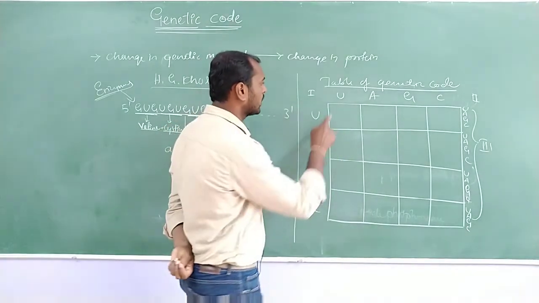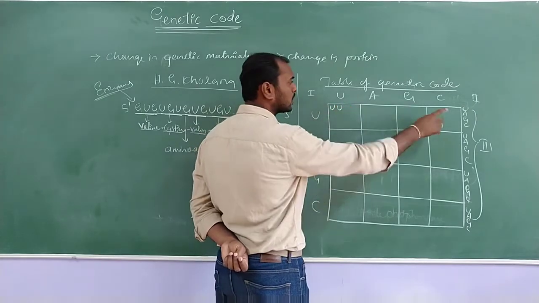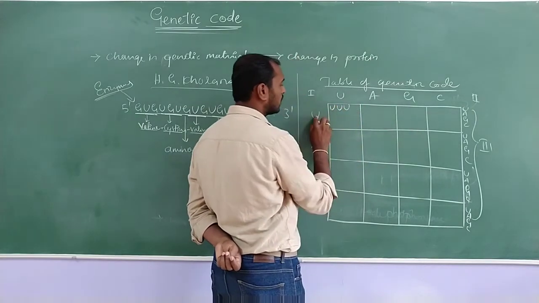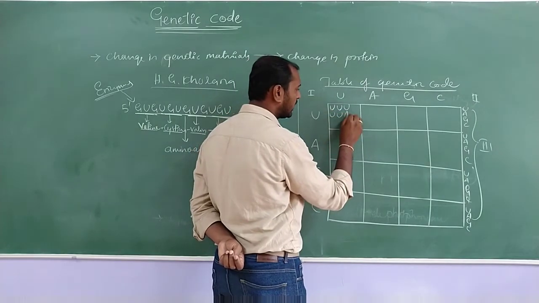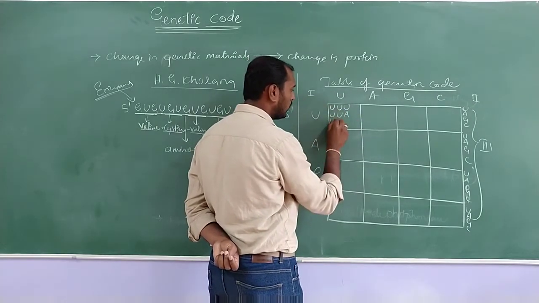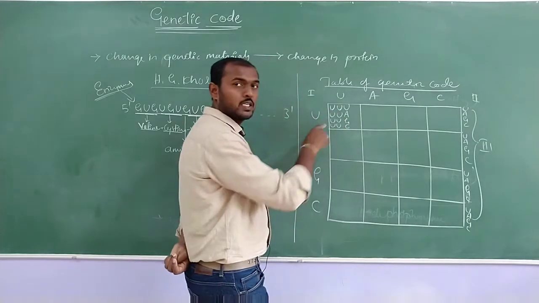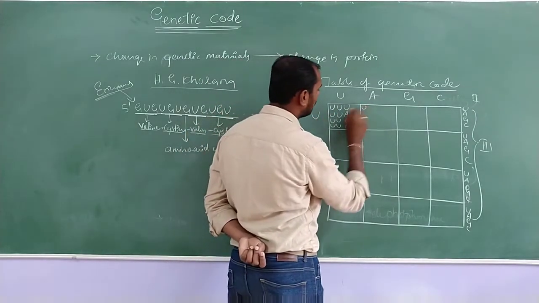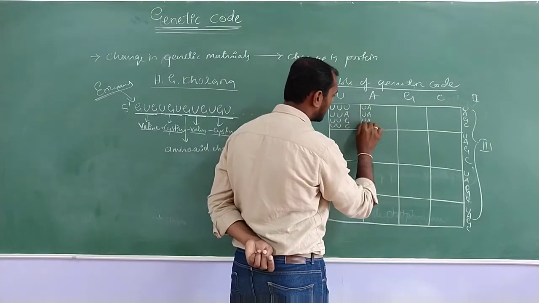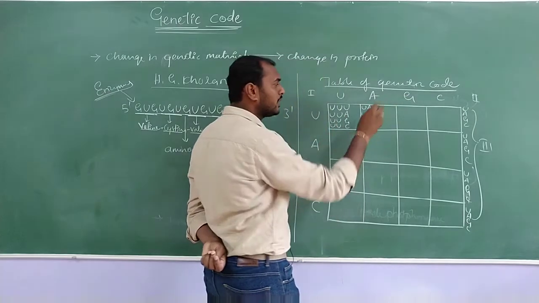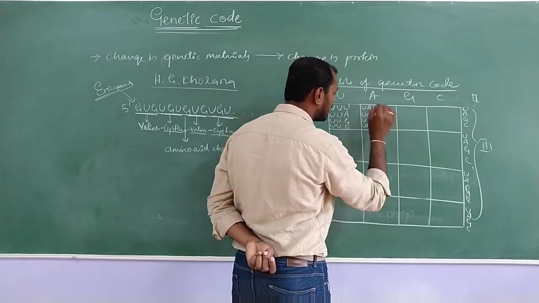How can you create it? First letter U, second letter U, third letter U. So first letter U, second letter U, third letter A, UUG, UUC. Same thing here, U, second letter A. Okay, all first and second letters I am going to write here, and the third letter will be UAGC.